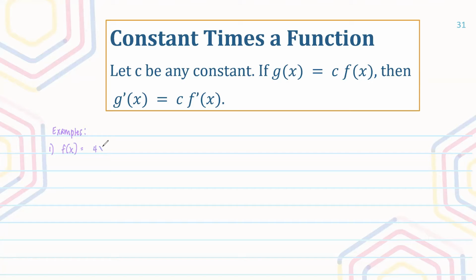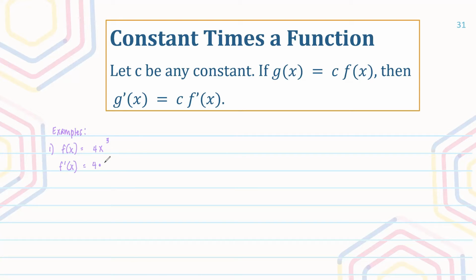Let's have our examples. So we have here f of x equals 4x cubed. So 4 here is our c, 4 is the constant. So f prime of x is equal to 4 times the derivative of x cubed.